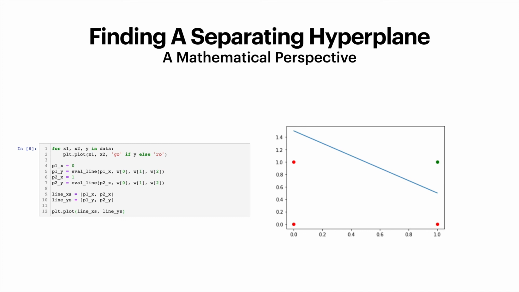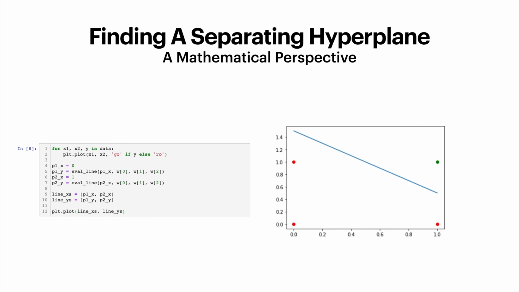Otherwise, I color it red. So we have 2 different classes of points here, right? One where the output is 0 and one where the output is 1. And we can see that the Perceptron algorithm plotted a line that can separate these points, meaning that everything on one side is for one output and everything on the other side is for another output.